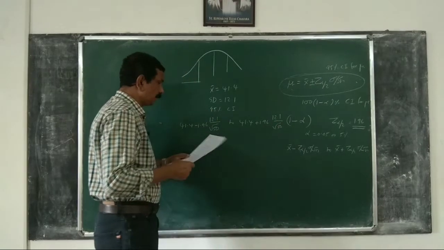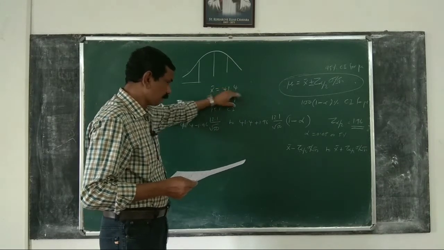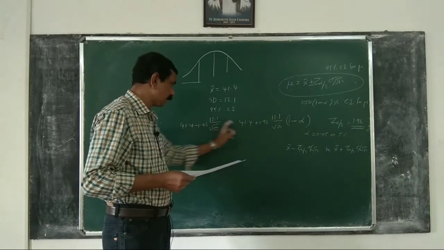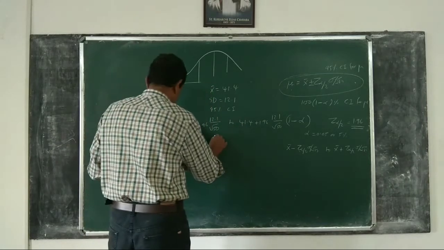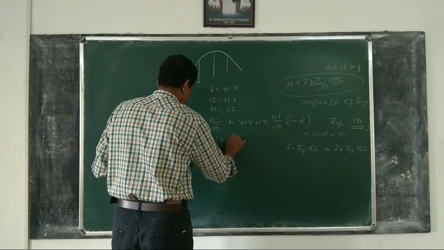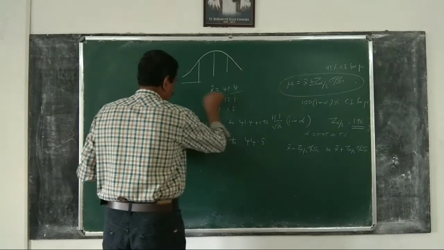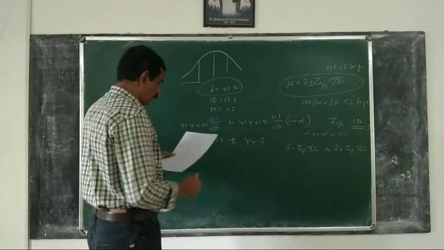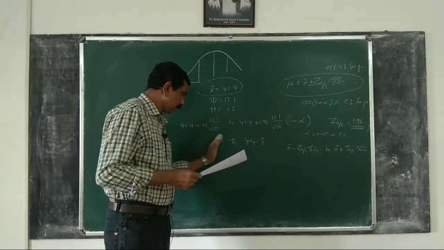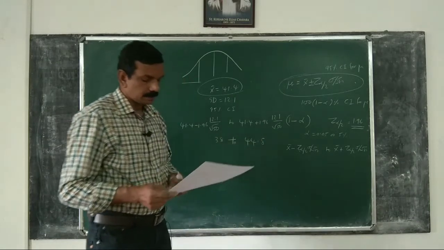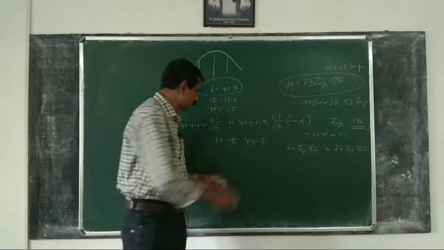Assume that we take 50 samples. The population standard deviation is as in the earlier example. The sample mean is different because it is based on 50 samples. Then the 95% confidence interval is 38 to 44.8. 41.4 is the estimate, and the range is 38 to 44.8. What is the interpretation of this confidence interval?